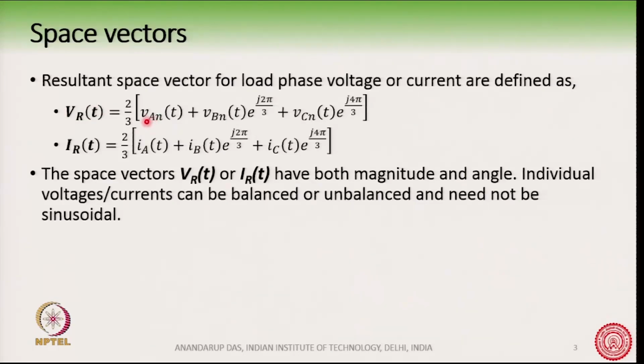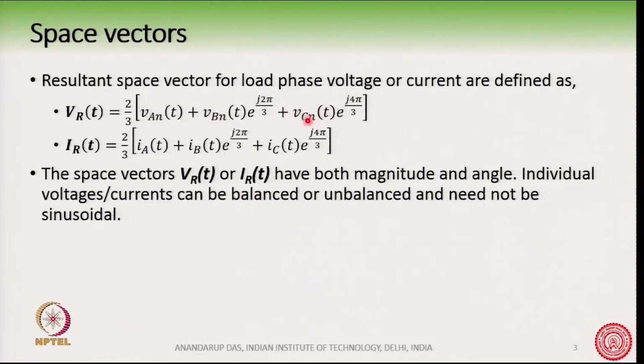It is a combination of 3 quantities, and since we are talking about the load phase voltage space vector, VAN is the A phase load voltage, VBN is the B phase load voltage, and VCN is the C phase load voltage.